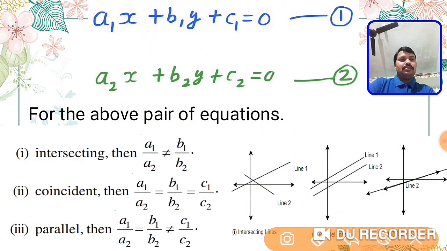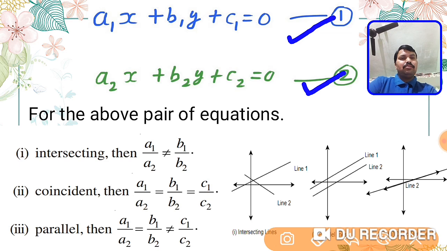So let us see. Here our first equation is a1x plus b1y plus c1 equals 0 and the second equation is a2x plus b2y plus c2 equals 0. Now see, a1, a2 are the coefficients of x and b1, b2 are the coefficients of y.